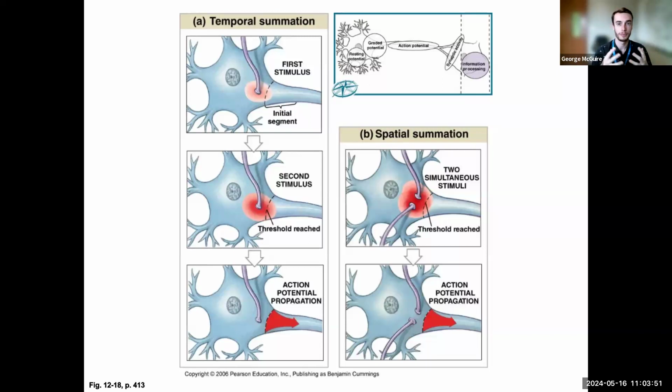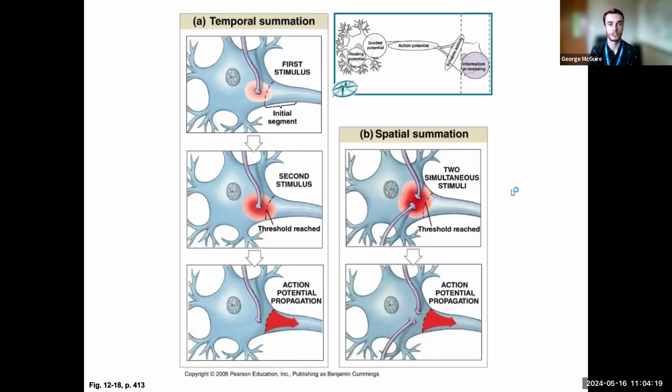And so the combination of these things is referred to as summation, the sum of these signals. And that could either come from temporal summation, meaning the same signal being sent at different times, building up into a larger effect. So over time, the same signal coming multiple times could build up to causing depolarization to threshold.